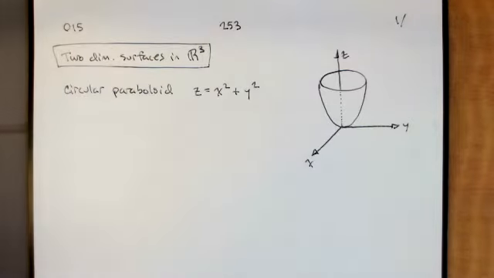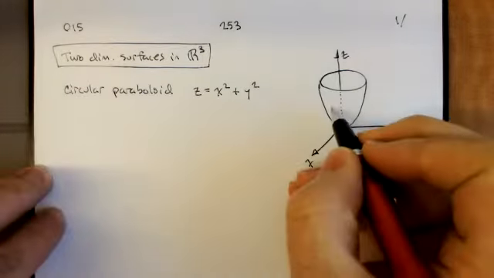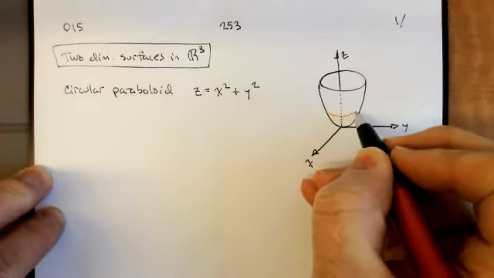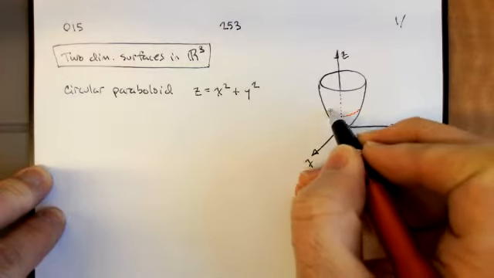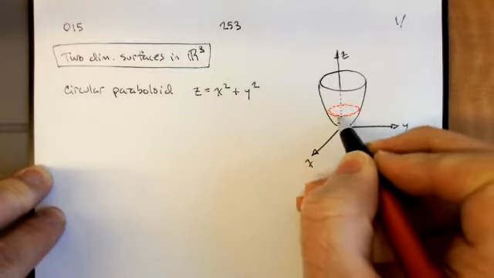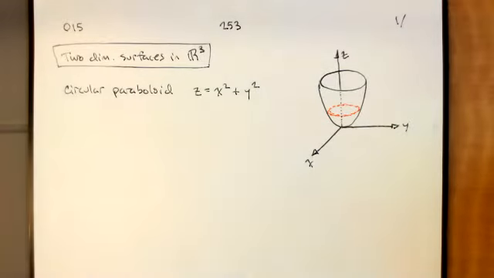What we want to make sure we see is that it's circles wherever I slice this horizontally, that is, slice it parallel to the XY plane, we're going to be looking at a circle.